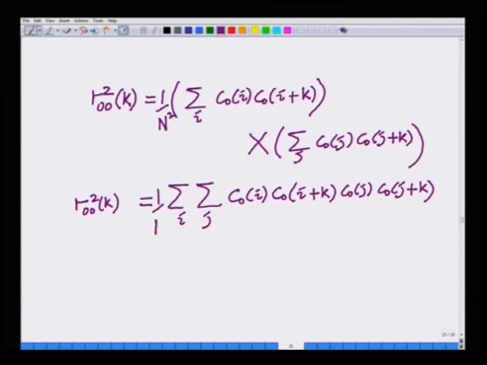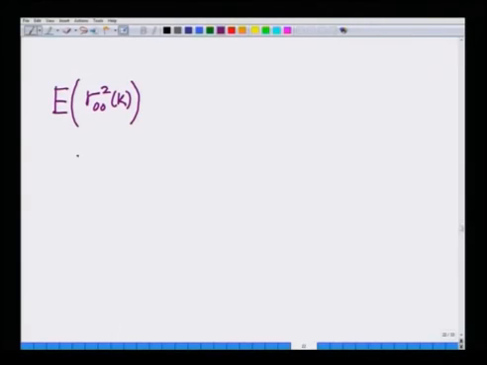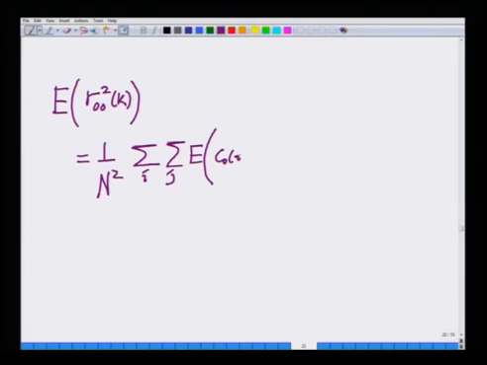Hence, the expected value of R 0 0 square of k, which is the second order moment of the correlation at lag k, is nothing but 1 over n square, and I will take the expected value inside, summation i summation j expected value of C 0 i C 0 i plus k C 0 j C 0 j plus k.